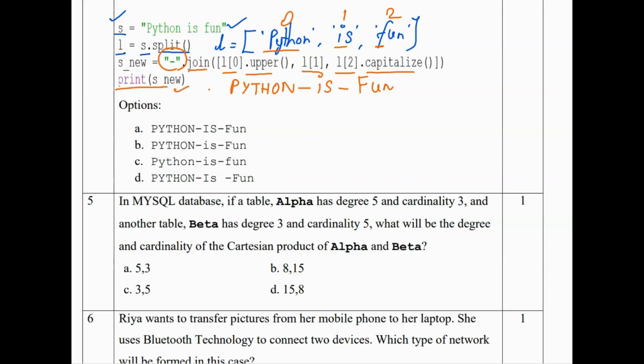Now s underscore new will contain PYTHON in capital, hyphen, is, hyphen, Fun. See the options which is right. PYTHON in capital, hyphen, is, hyphen, Fun, which is having F as capital. So option B is the right answer.